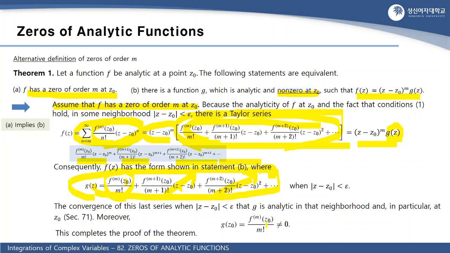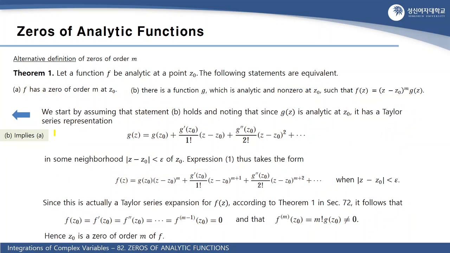The m-th derivative of f at z0 divided by m factorial is not equal to 0, because the assumption is that f has a zero of order m at z0. So we complete the proof of this theorem for the forward direction.